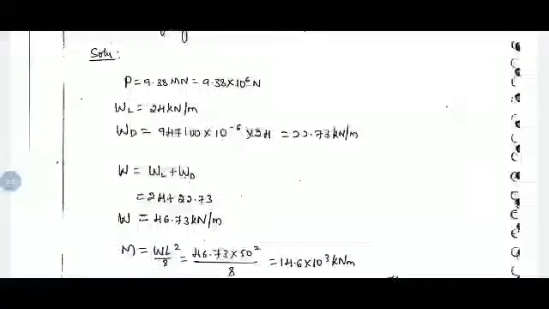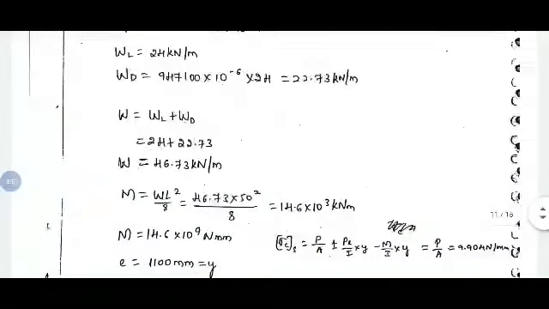So dead load, area of cross section into density of concrete, 22.73 kilonewton per meter. Here 10 raised to minus 6 is converting mm square to meter square. W total load, WL plus WD, dead load plus live load, we will get this. And moment due to both dead load and live load, M.